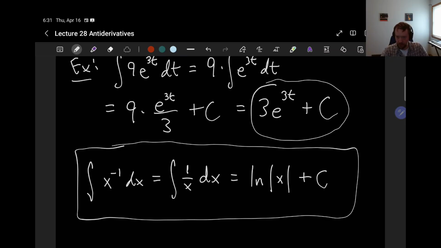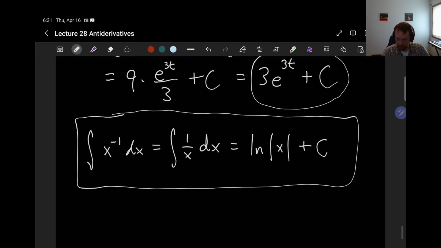So why the absolute value around the x? Well, remember, absolute value takes any number and gives you the positive version of it. So if you plug in a positive number, there's no change at all. But if I plug in a negative number like -1, the absolute value changes it to 1, the positive counterpart.